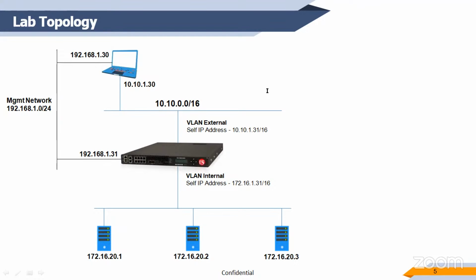So is this a one-arm model or two-arm model architecture? It depends on how you are deploying your F5 in your data center environment. If you see this here, this is a two-arm model, where the VLAN is configured as external. The self IP address of the VLAN is separate, and the internal self IP address of your servers is separate.